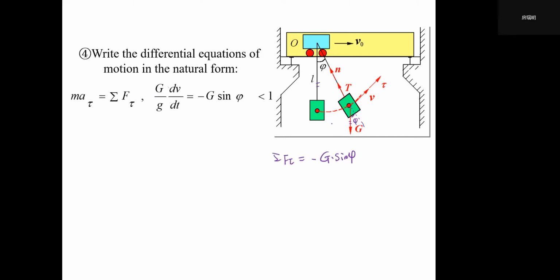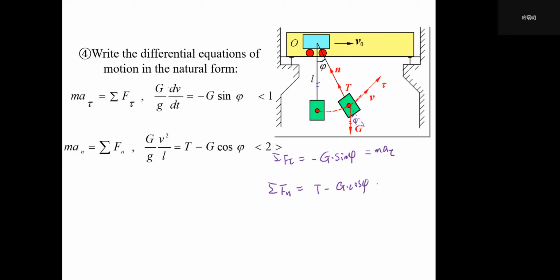And so we have this. We also have m a n equals sigma Fn. Actually, our sigma Fn is along this. So we have T minus G cosine phi, right? And this one should equal m a tau. And this one should equal m a n.